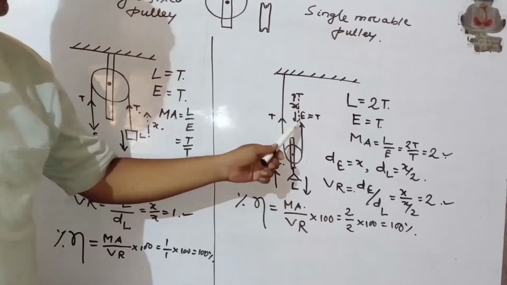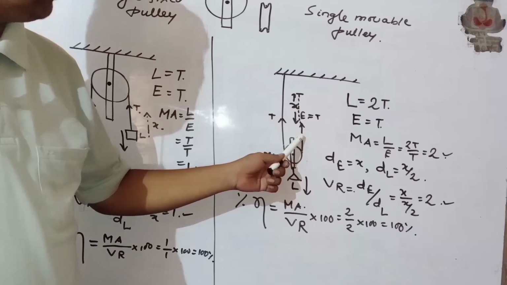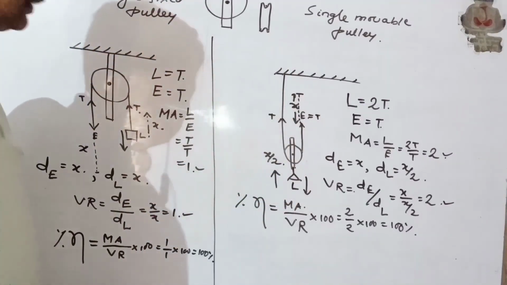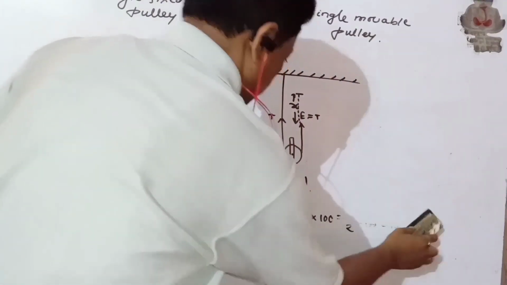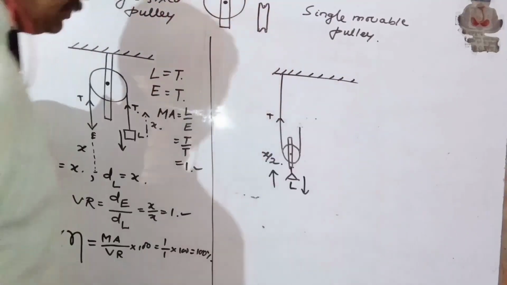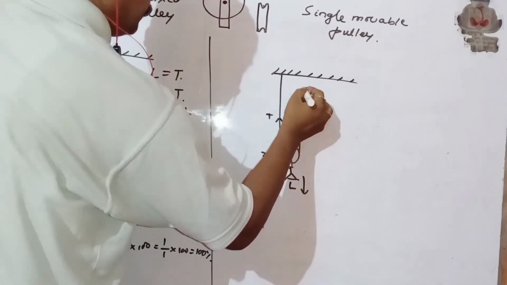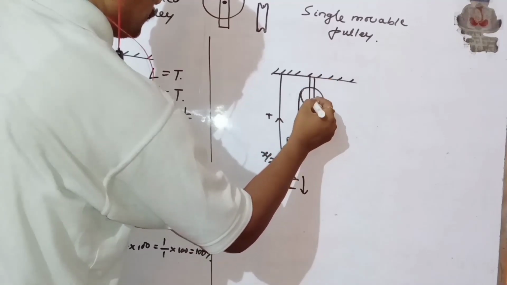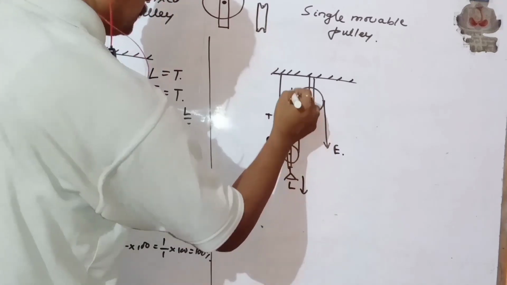In a single movable pulley, it is not very convenient to apply the effort in the upward direction. So we connect a single fixed pulley with this arrangement, like this. Here we apply the effort E. Suppose this pulley is P1 and this pulley is P2.